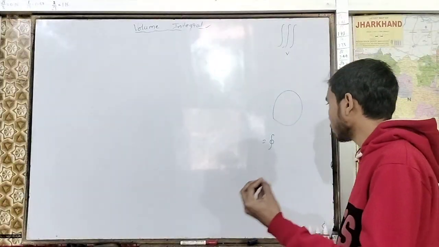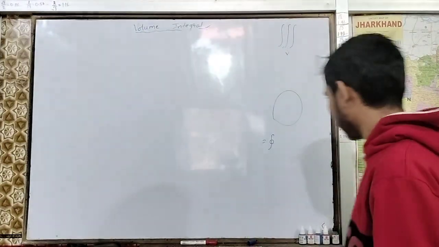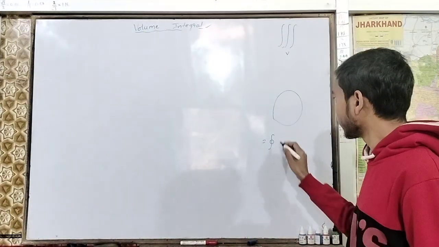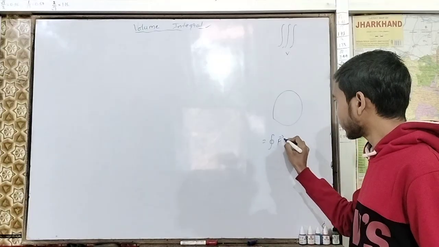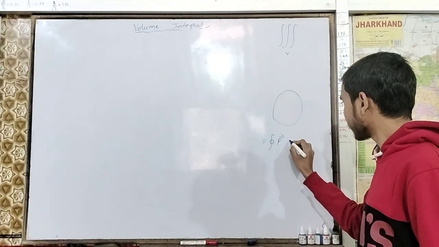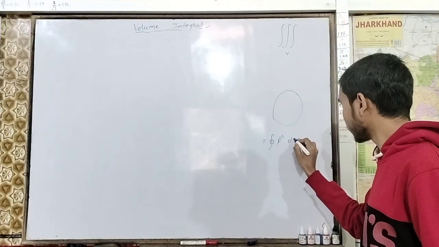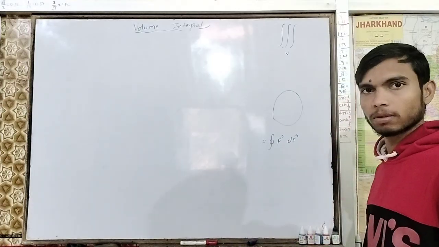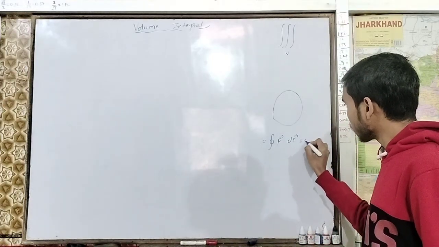Okay, closed curve. Got it. Then F vector, which is a vector field, and a small element of length. This will be equal to 0.